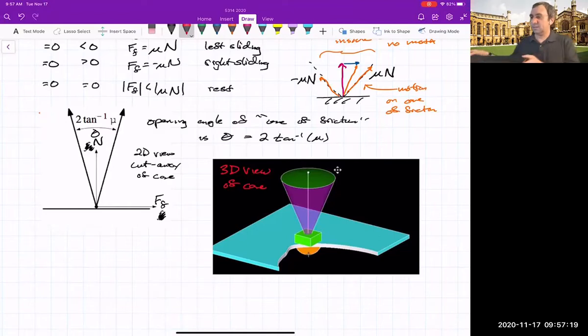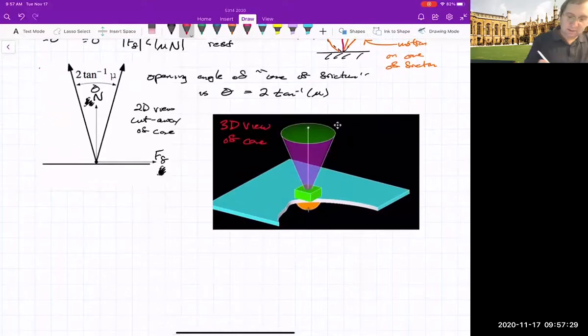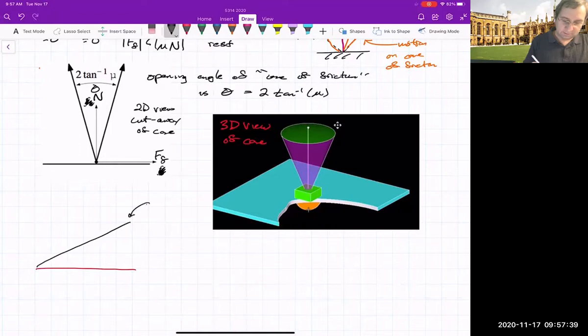So what's actually going on here? Let me draw the setup. This is my plank of wood, and the angle of the plank with respect to the horizontal is phi.